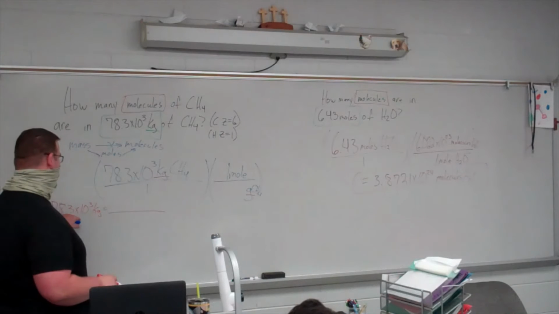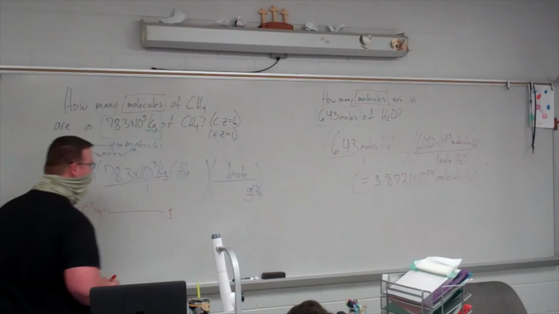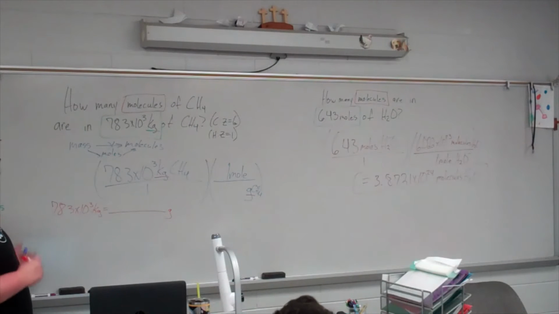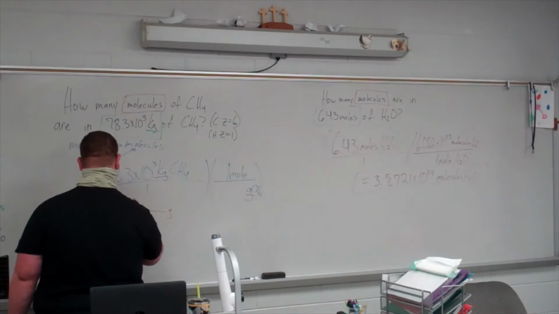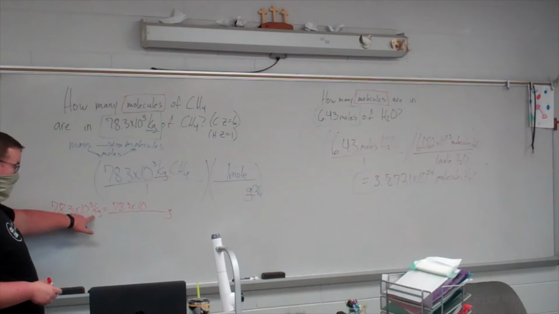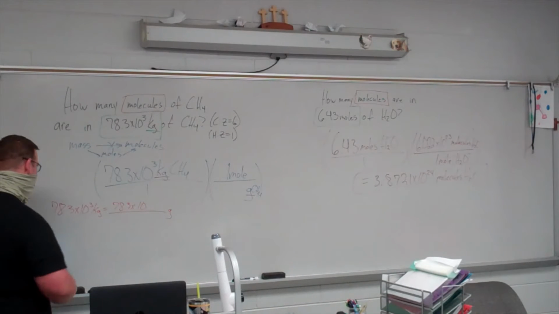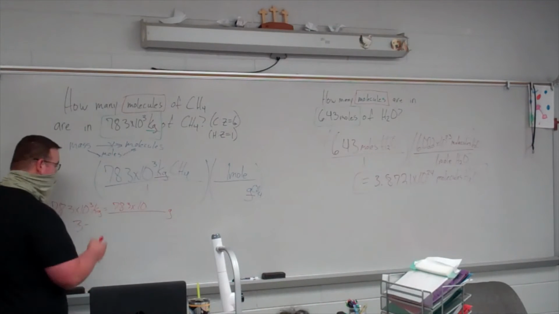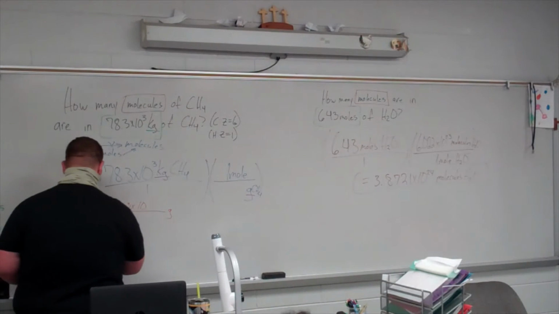Okay, so 78.3 times 10 to the third power kilograms equals how many grams? So now you got to do the conversion. Do my method. 78.3 times 10 to something. The exponential value for kilo is 3, minus the exponential value for the base unit, gram, 0.